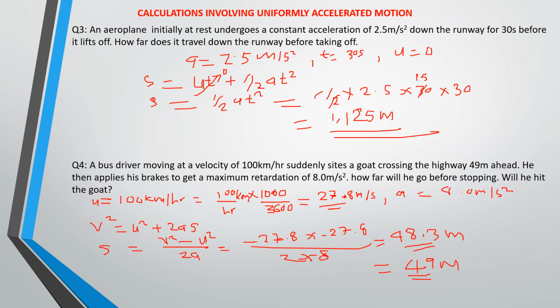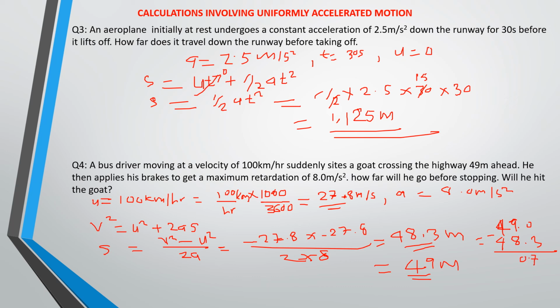When you find that difference, you have 49 minus 48.3, which is 0.7 meters.